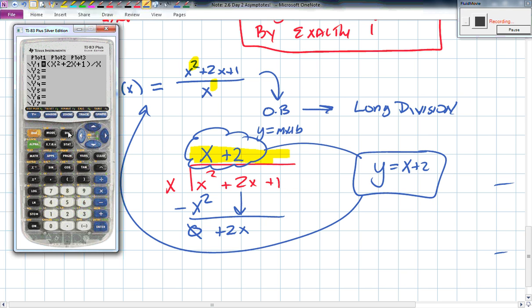I want everybody to see it without it. So you should get something that looks like this. Crazy looking, right? It's weird, right? But do you see how there's no horizontal asymptote? But there is a vertical at 0, and there's this oblique one. It looks like it's slanted, right? So let's go back and put in the one that we found, x plus 2. Boom. And you should see that that goes right in between there.